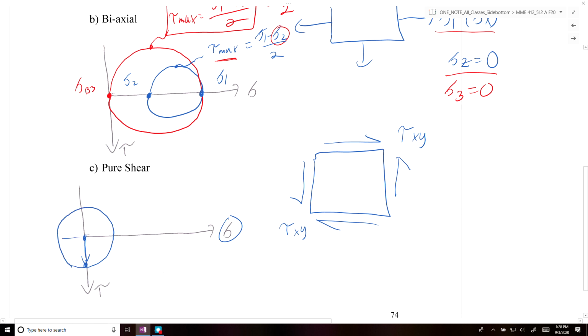Our three equivalent principal stresses are: sigma p1 is going to be equal to tau xy, sigma p2 is going to be equal to 0, and sigma p3 is going to be equal to negative tau xy. So those are our three principal stresses that we could determine.